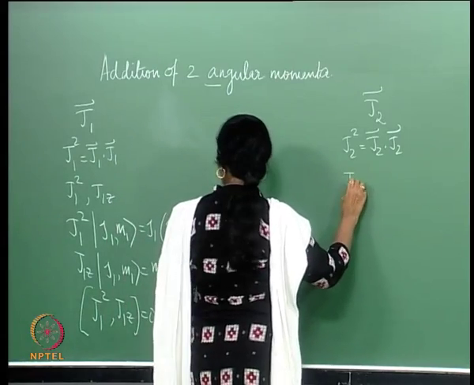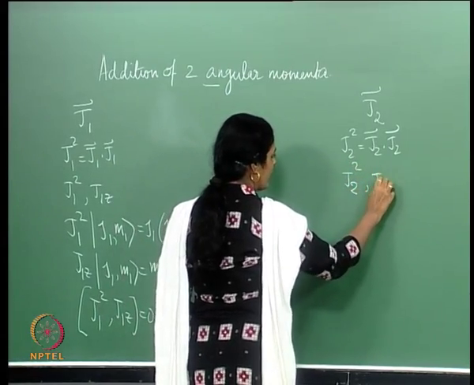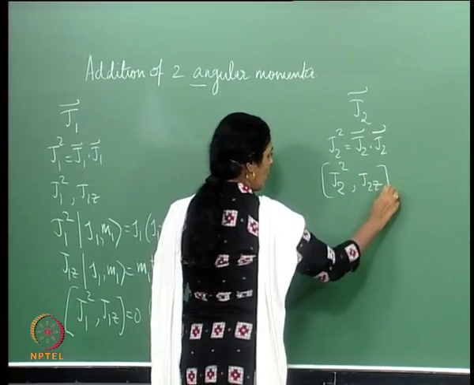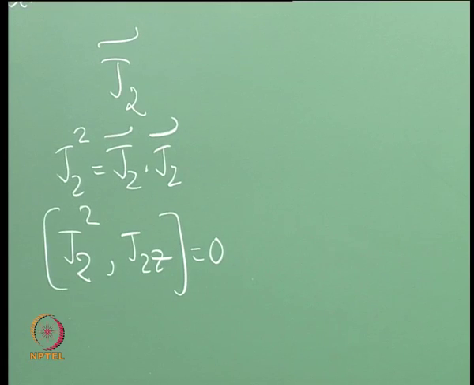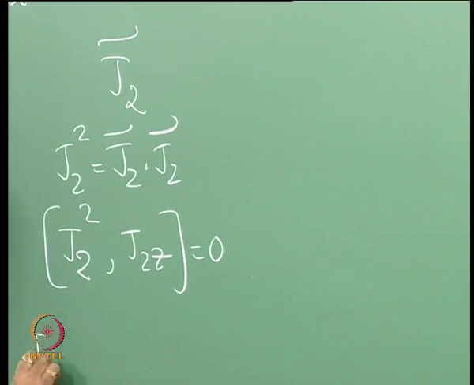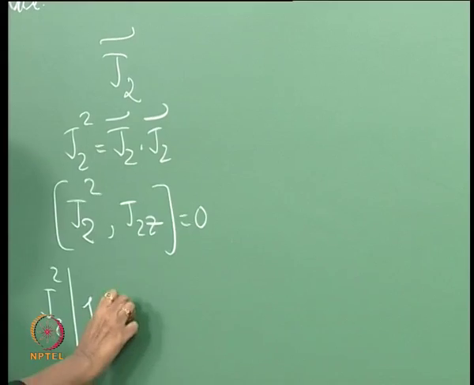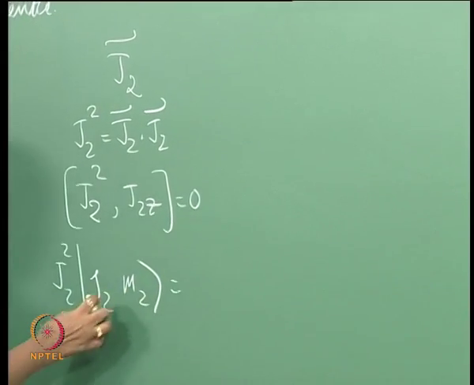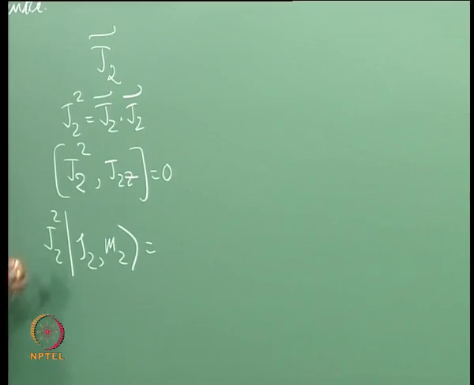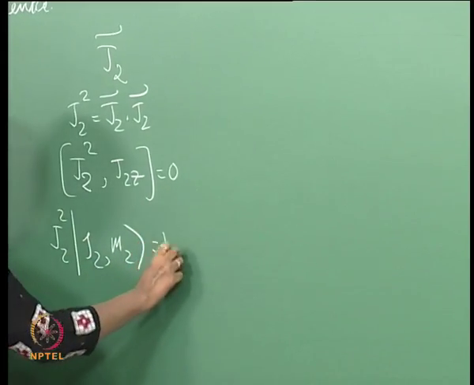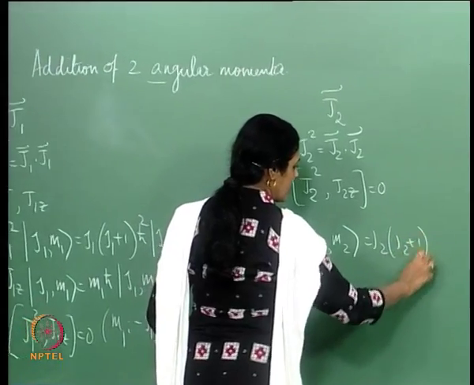Once more, I have J2 squared and J2z as the operators which simultaneously commute with each other for the system 2, and I can write the following. There are eigenstates, common eigenstates, a complete set of common eigenstates of J2 squared and J2z, and the eigenvalue equation is this.